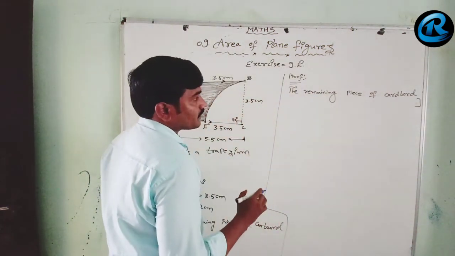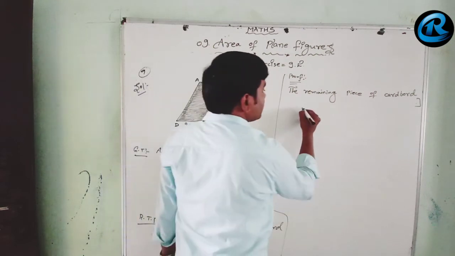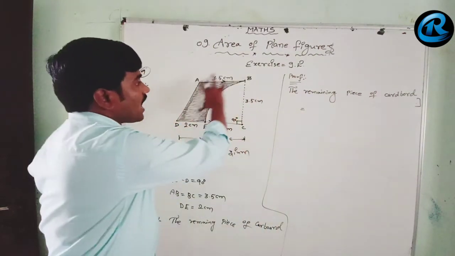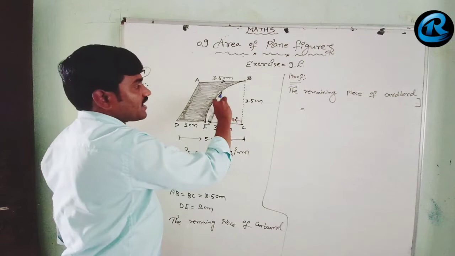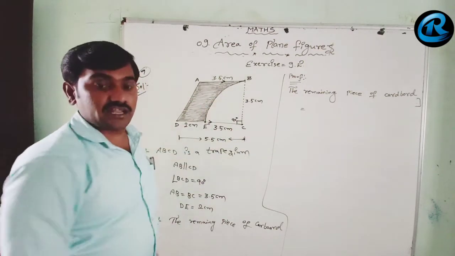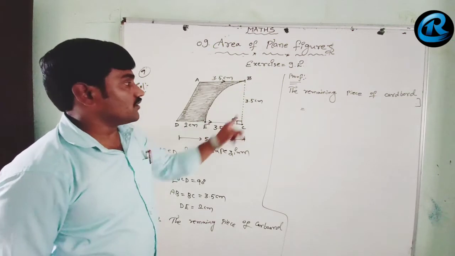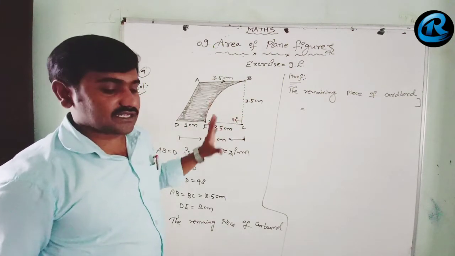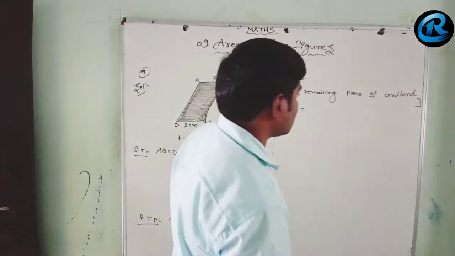The remaining piece of cardboard will be equal to area of trapezium minus area of this sector. The quarter circle is nothing but a sector only. This area of sector is removed.